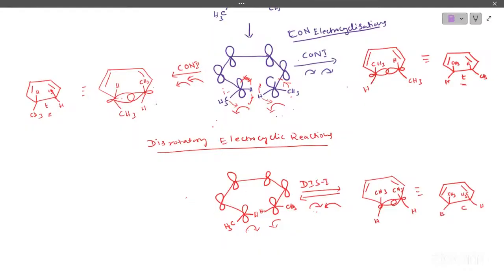Similarly, the next possible orientation is this one. At the first carbon it is anti-clockwise. At the 6th carbon it is clockwise. Anti-clockwise and clockwise. Then what's happening?